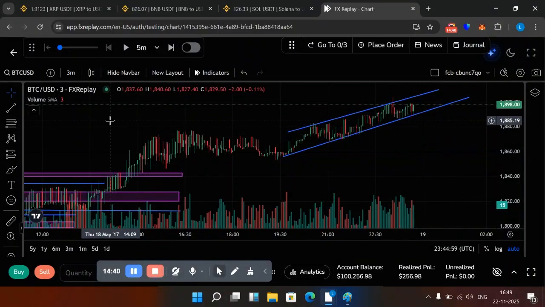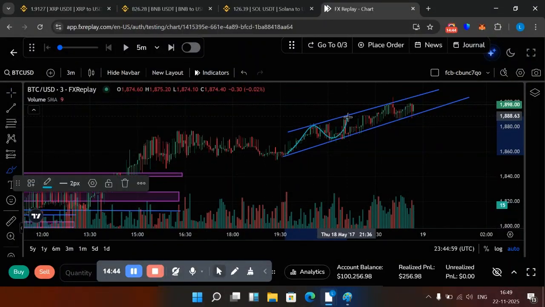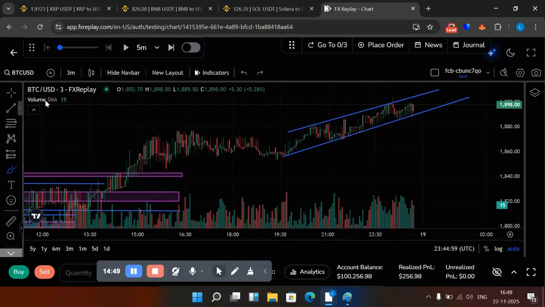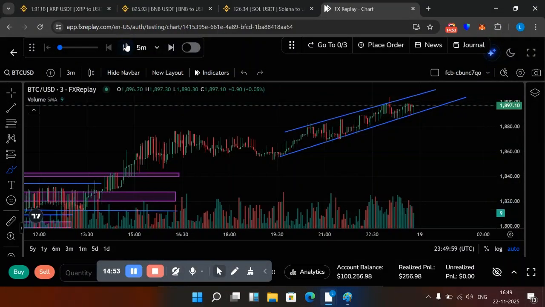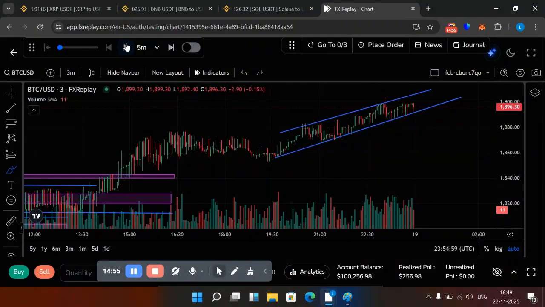Fine, now look at that. Look at this, and let's wait for a breakout now. I will show you how to attempt a breakout now. Now when breakout happens, we are going to then short or long it. Fine, I will mute myself and we are going to learn.